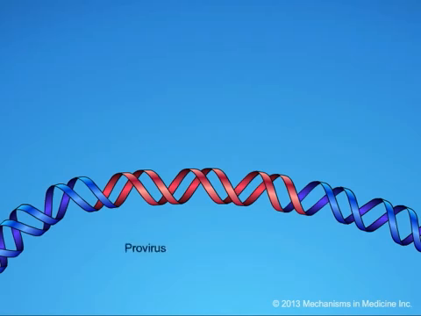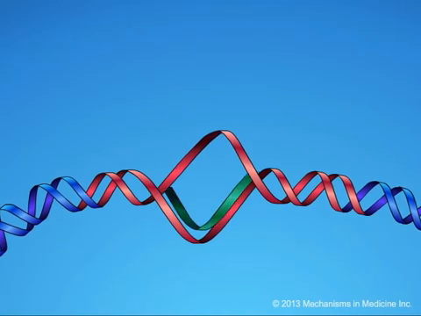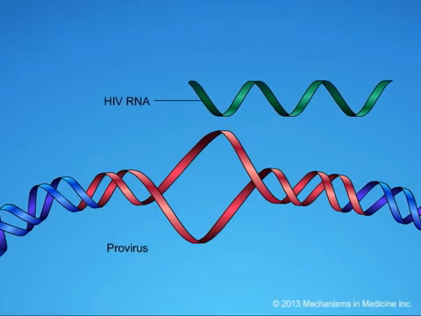This is the transcription of HIV genomic RNA. What happens now is that the DNA which has been integrated is now called a provirus and can now be used to generate genomic RNA, which can serve as messenger RNA for the synthesis of viral proteins.